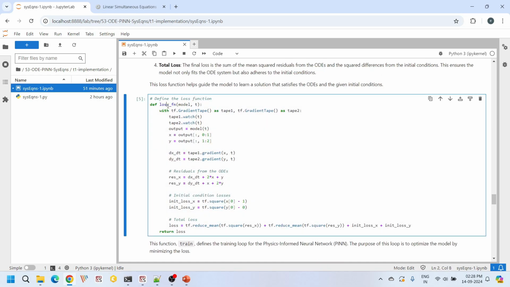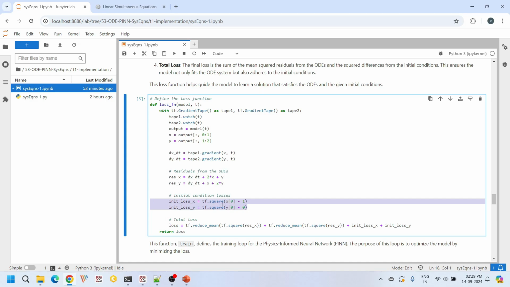After that, in this loss function, I'm evaluating the total loss obtained from the model at a given t. What we are basically doing here is using TensorFlow's gradient tape function to evaluate the derivatives dx/dt and dy/dt. After evaluating these two derivatives, we evaluate the residuals called resx and resy, and we evaluate the loss in the x function and the loss in the y function at time t equals 0.